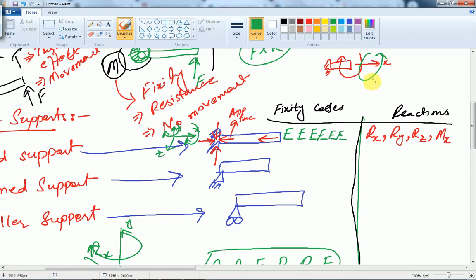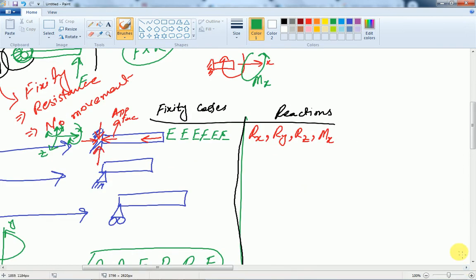That balancing out will be called a moment about the x-axis.